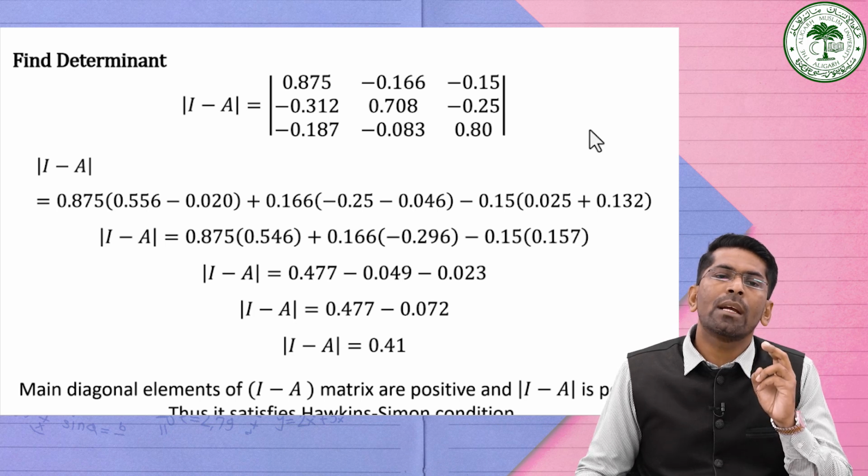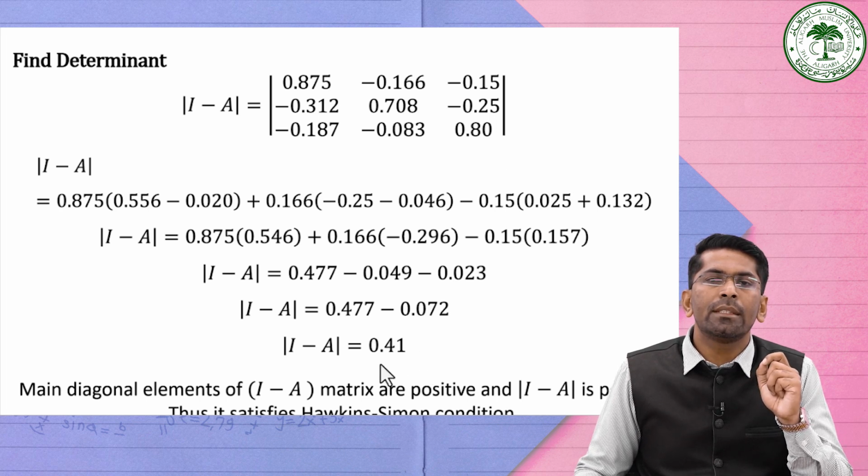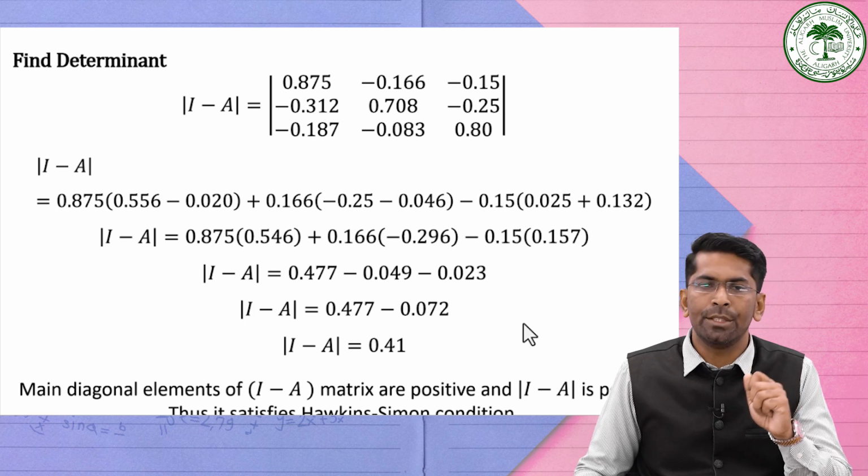Here all the diagonal elements are positive, which is the first Hawkins-Simon condition. The second condition is that the determinant value is not equal to 0, or it should be positive: 0.41. So the matrix has all diagonal elements positive and the determinant value is also positive, so we can say that the Hawkins-Simon conditions are satisfied.